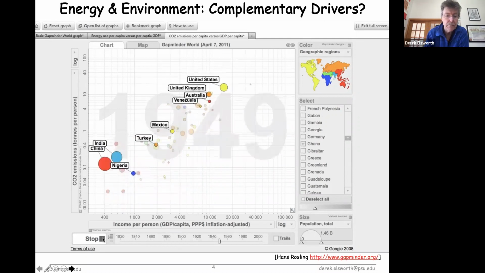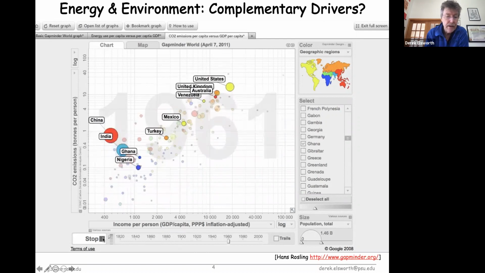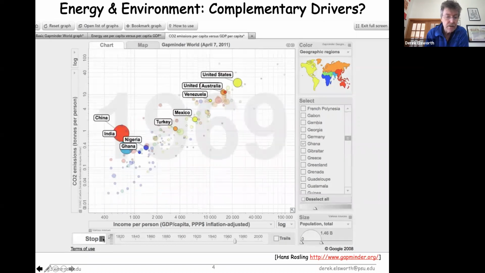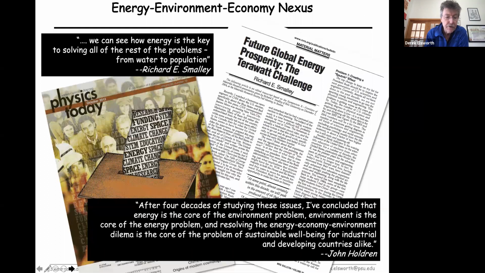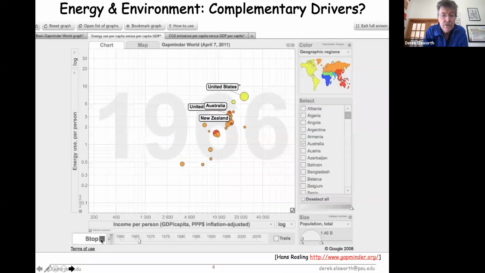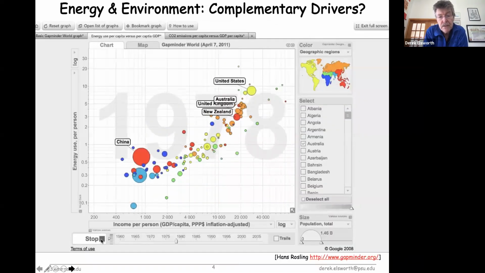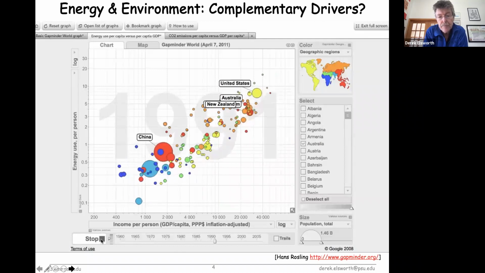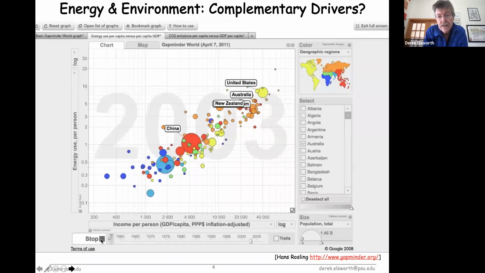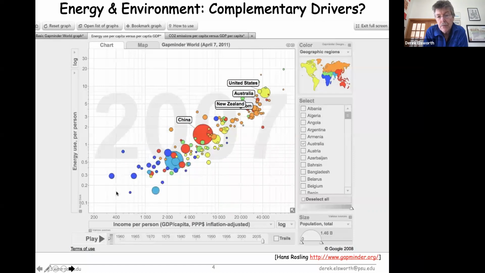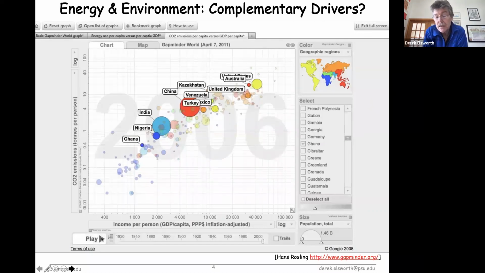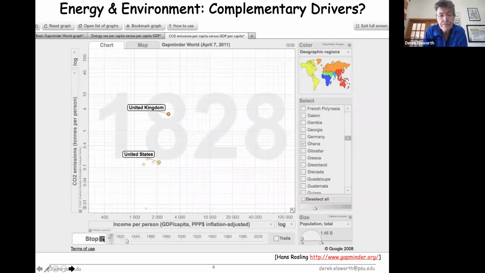I'm going to take it back to the start. The first vertical ordinate is energy use per person. And you see that this is a log-log scale, and it's basically a linear line with the most developed countries in the top right-hand corner and the less developed countries in the bottom left corner.